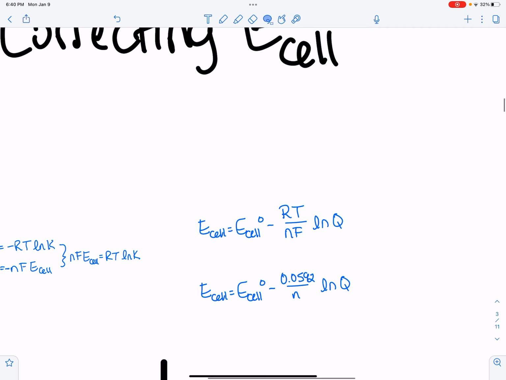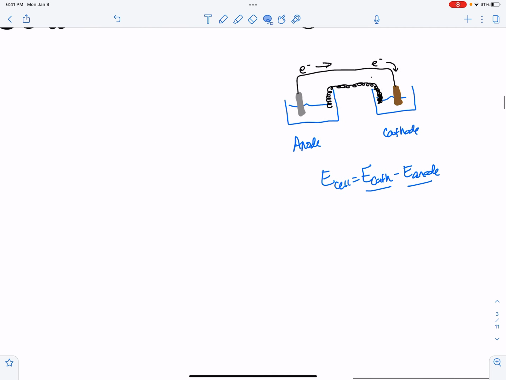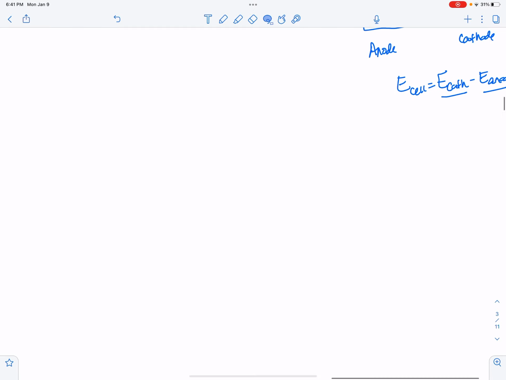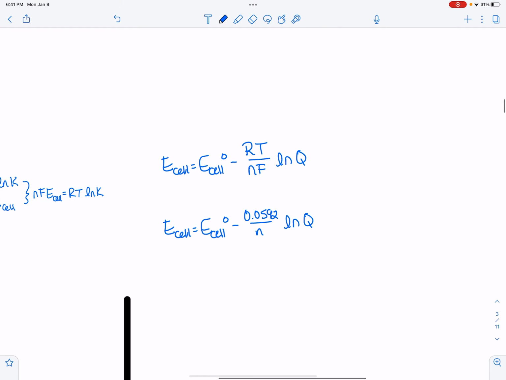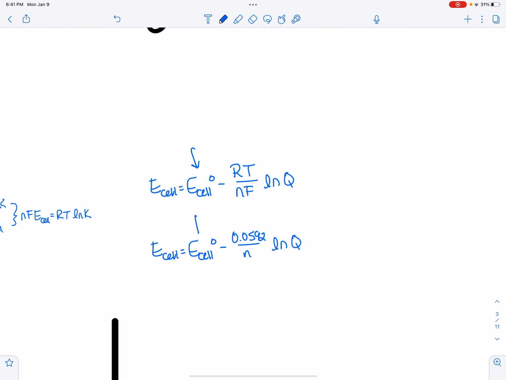Now, over here, again, previously you learned about E cell right here. This is actually supposed to be E naught because that is what this term is here. And so this only is true as the E cell when it's 1 molar concentrations at 25 Celsius.